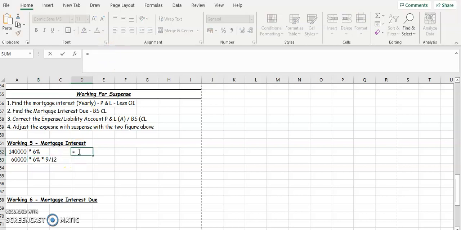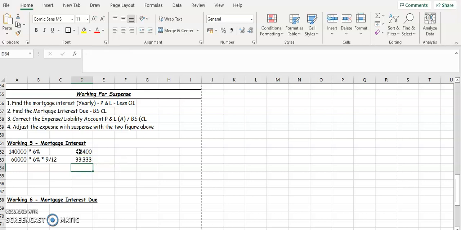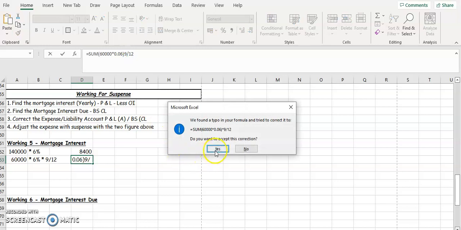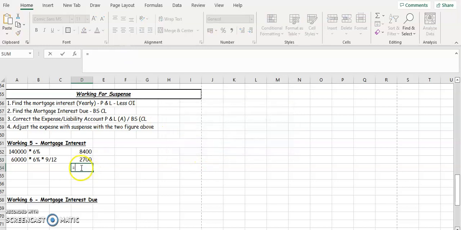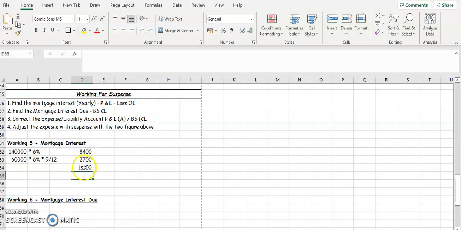So we do our calculations then, 140 by 6%, and then we've got our yearly amount then for mortgage interest is 111,000.